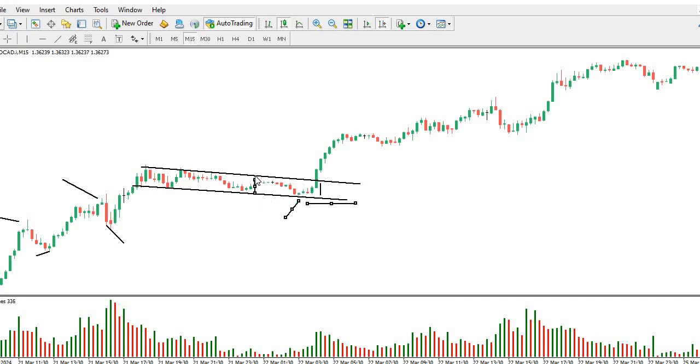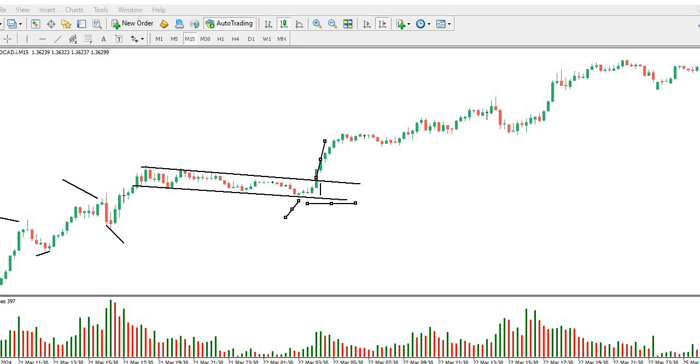Like it was 12 pips, so we will make sure that we target a 24-25 pip move to this point. This is how we trade the descending channel in both an uptrend and a downtrend.